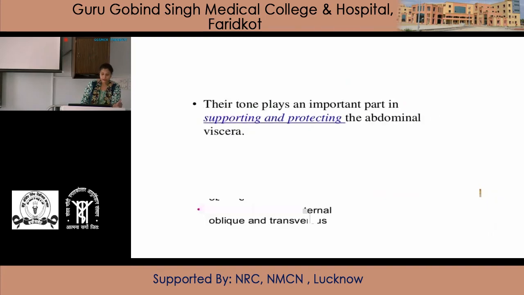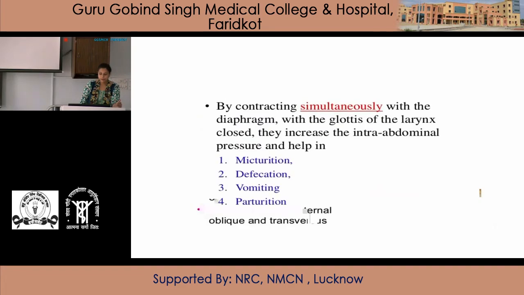Their tone plays an important part in supporting and protecting the abdominal viscera by contracting simultaneously with the diaphragm. With the glottis of the larynx closed, they increase the intra-abdominal pressure and help in micturition, defecation, vomiting and parturition.